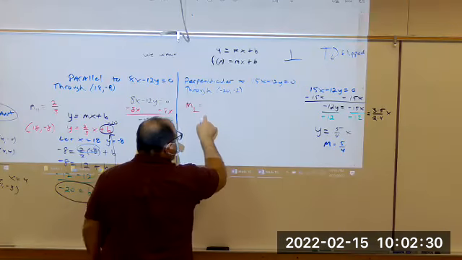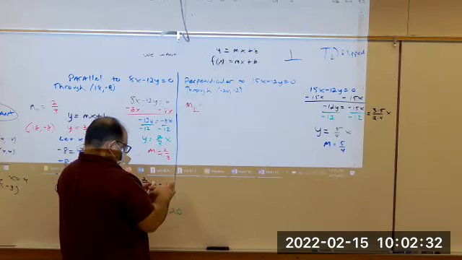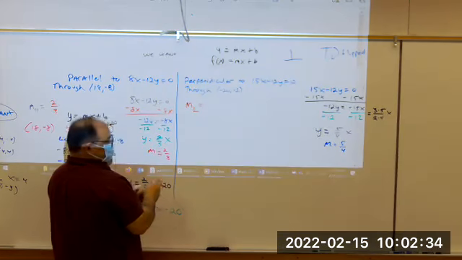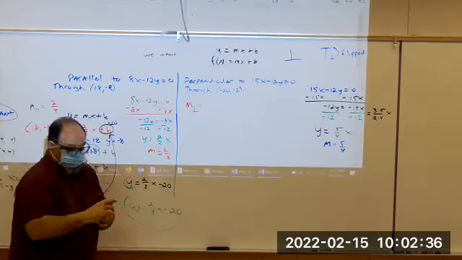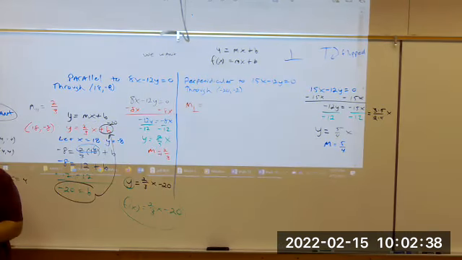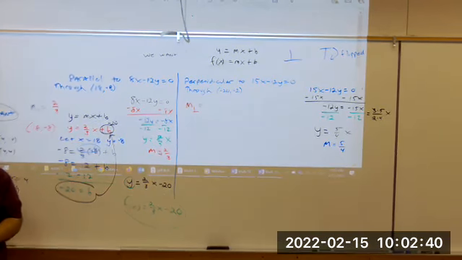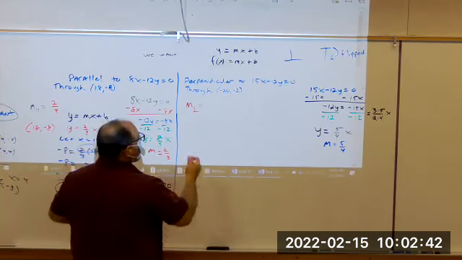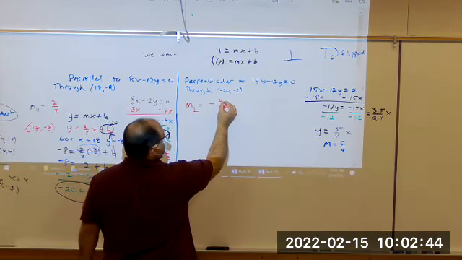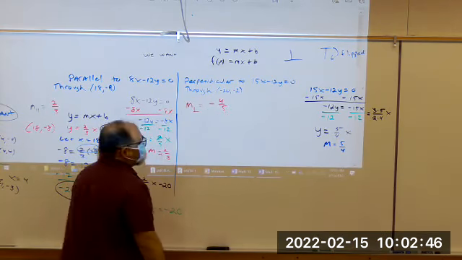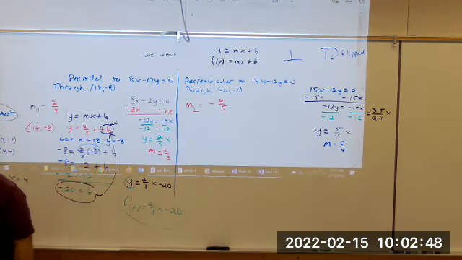So my perpendicular slope is what? Negative, opposite, and reciprocal. So negative 4 over 5. Change the sign. That's what opposite means. So I get positive. My sign for perpendicular will be negative.